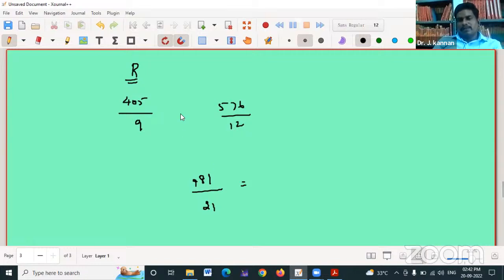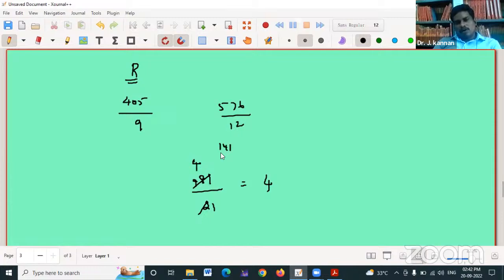So average speed means the total distance divided by total time. Total distance is 981 and the total time is 21 hours. Cancelling the terms, 4 times 21 is 84, and the remaining part is 141.